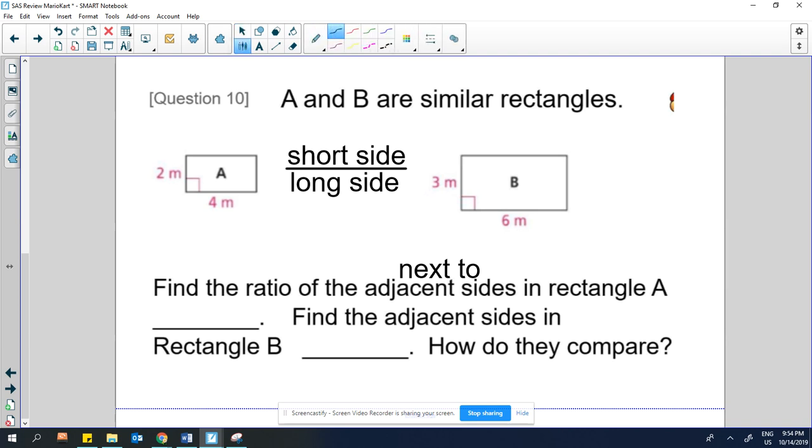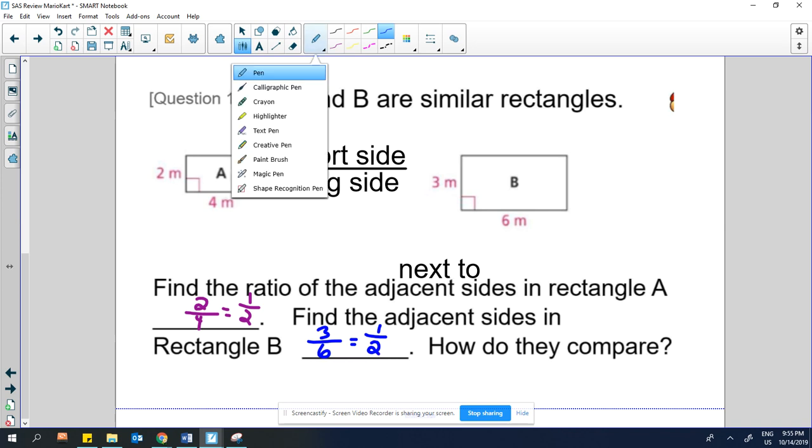Okay, so for short side to long side, you should have said 2 over 4, which if you do 2 divided by 4, that will give you 1/2. Okay, and I'm going to have you do the same thing with the adjacent sides in rectangle B, short side to long side again. Okay, so we have 3 over 6. Oh, well, what's 3 over 6 equivalent to? 1/2.